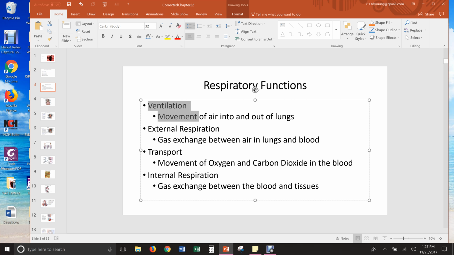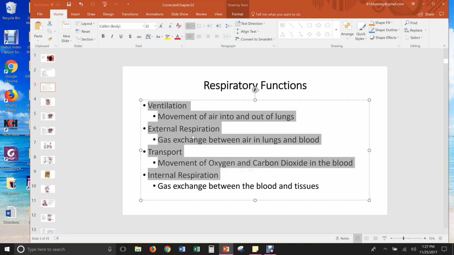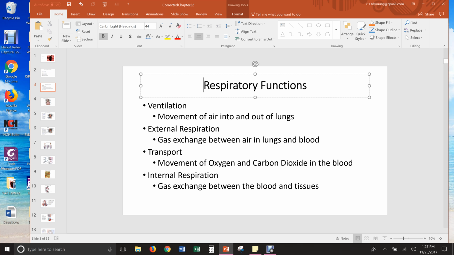And these four processes right here, ventilation, external respiration, transport, and internal respiration, these are all the functions of respiration with our lungs. Ventilation is a term for movement of air that can go in and out of our lungs.